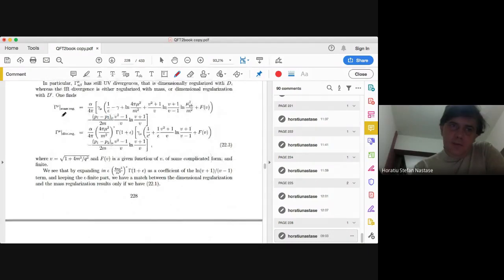So then the vertex in dimensional regularization has this form given here.